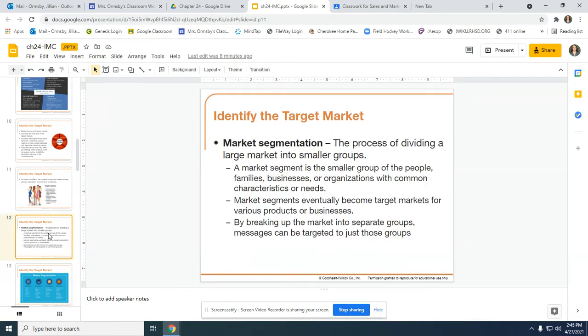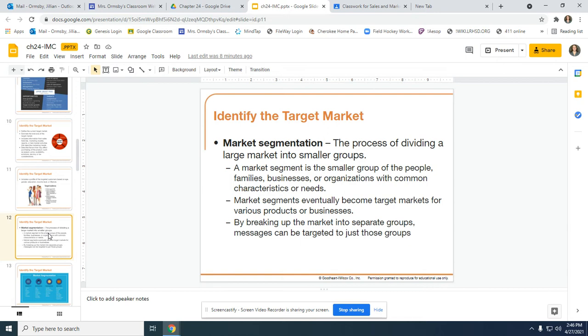So, we're going to dive a little bit more into market segmentation because this is something that a lot of you struggle with. It's the process of dividing a large market into smaller groups. A market segment is a smaller group of the people, families, businesses, or organizations with common characteristics or needs.